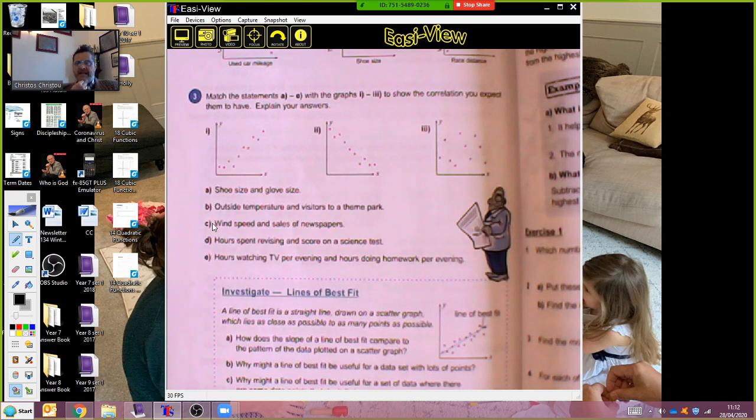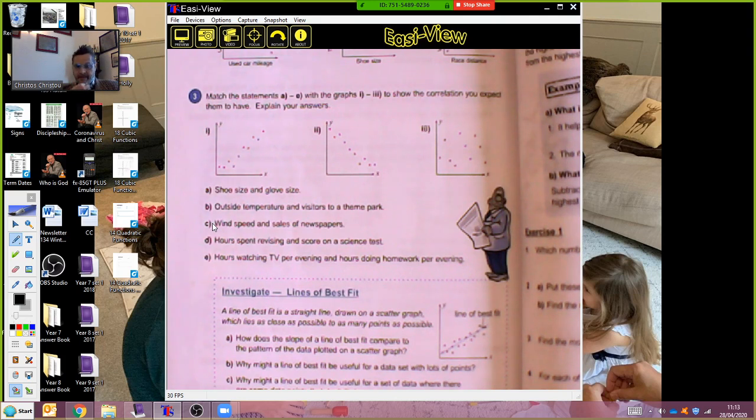Wind speed and sales of newspapers. This produced a lot of discussion last year. How many of you know you can generally buy newspapers outside, for example, at the underground or other places outside, maybe newsagents, where you've got some guy selling newspapers at a stand? Yes or no?